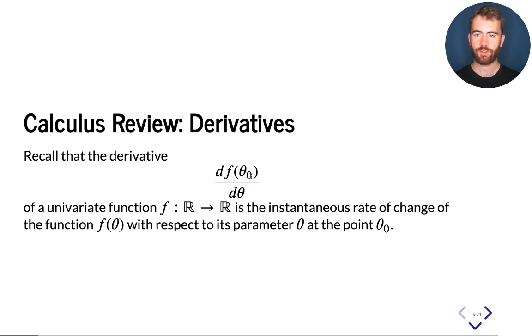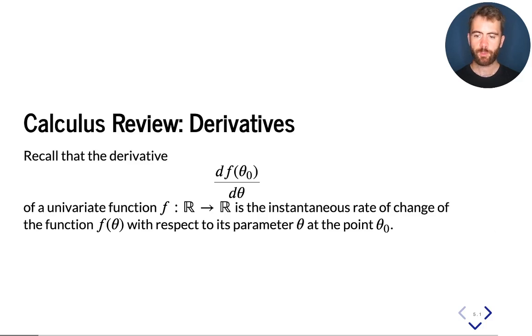So we are looking at the tangent line to the curve f at the point theta 0, and the derivative will equal the slope of the function at this line. Another way of looking at the derivative is the instantaneous rate of change of the function at the point theta 0. And of course, there are many other ways of looking at derivatives.